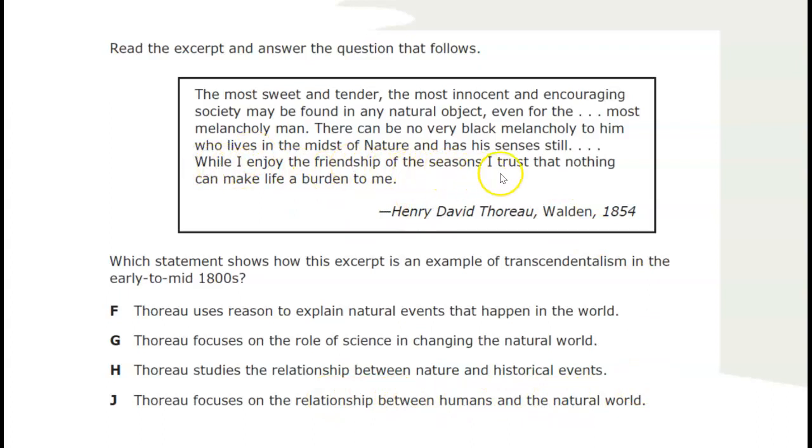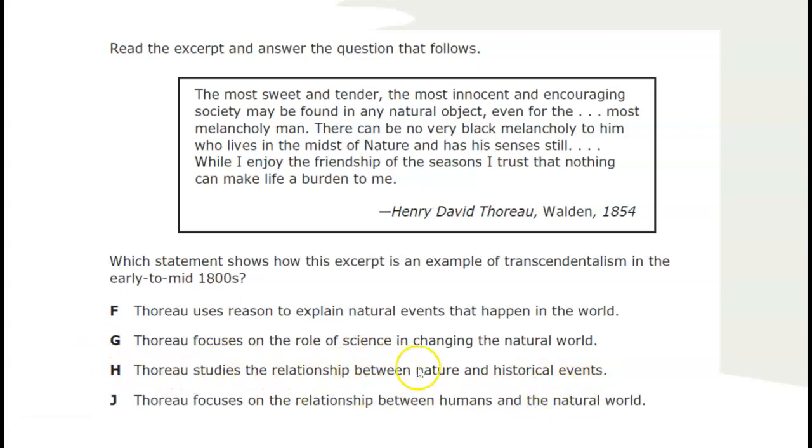"While I enjoy the friendship of the seasons, I trust nothing can make life a burden to me." Okay? "The most sweet and tender, the most innocent and encouraging society may be found in any natural object." So there are several clues that point me to the natural world and nature.